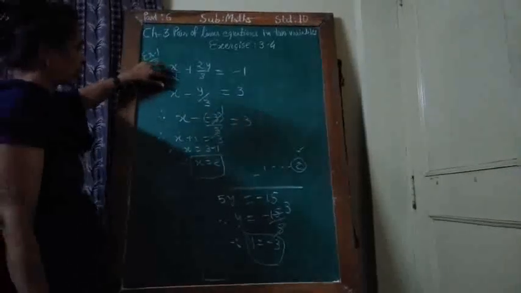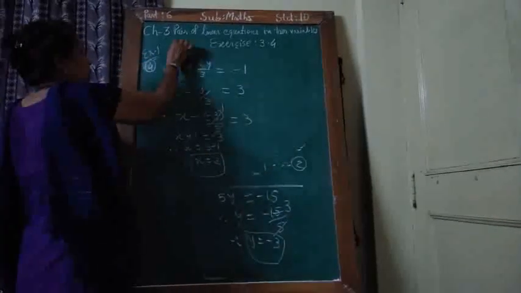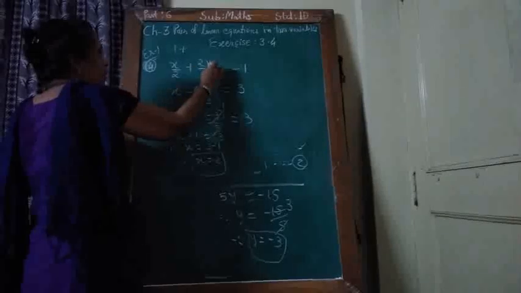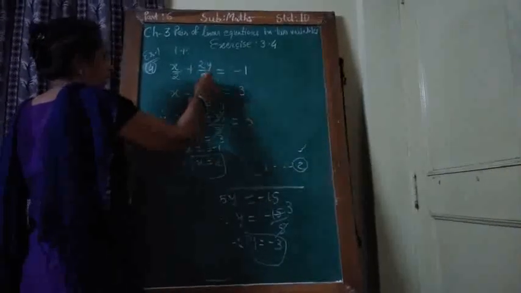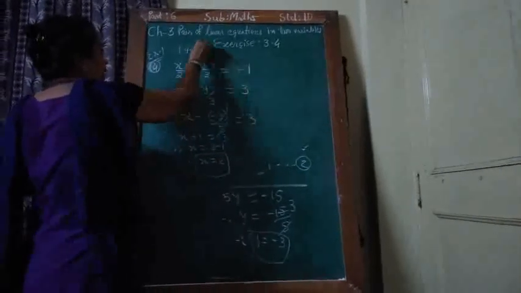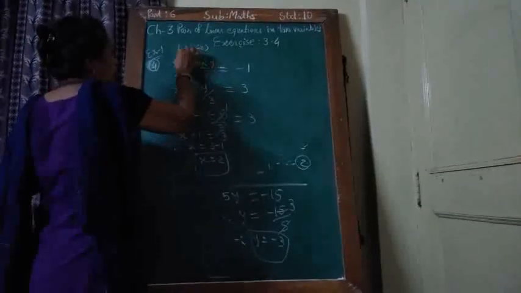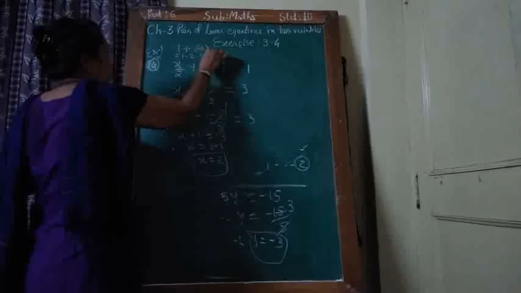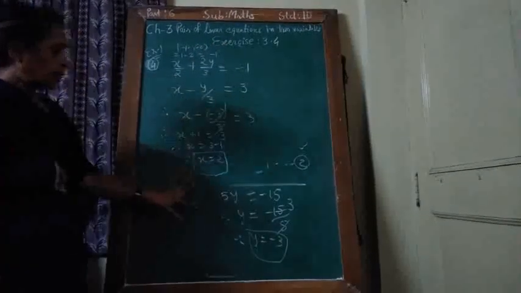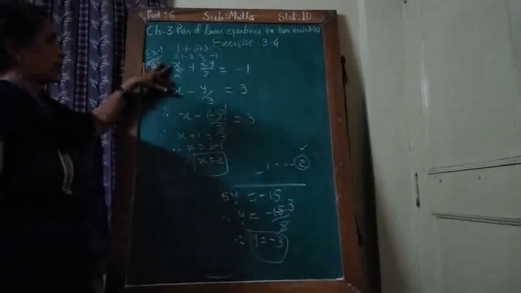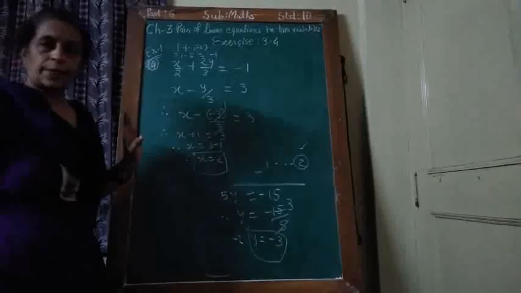Again you put here 2 by 2 is 1. 1 plus 2 into minus 3 is minus 6. Minus 6 upon 3 is minus 2. Okay, and 1 minus 2 is minus 1. So these two values satisfy both the equations. Therefore our answer is correct.